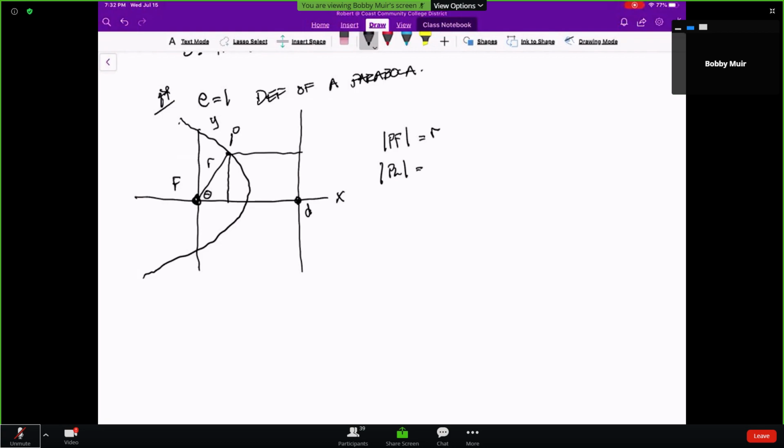Then I have to take away this much, and there's where he gets r cosine theta.